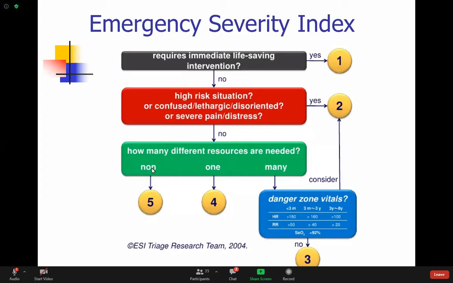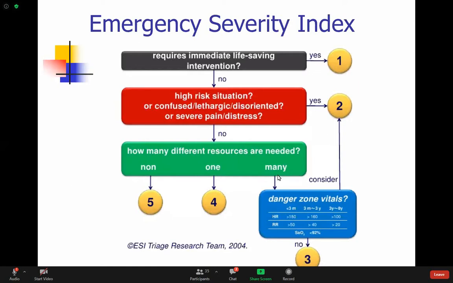If he doesn't need anything, for example, a patient coming in with just a runny nose and cold symptoms, and he doesn't need any investigation or any medication, then he's a level 5. If the patient needs one investigation, for example, an X-ray of the chest because he's coughing, otherwise he doesn't need anything, that's a level 4.